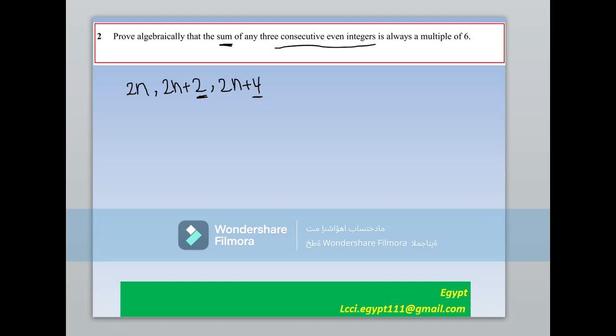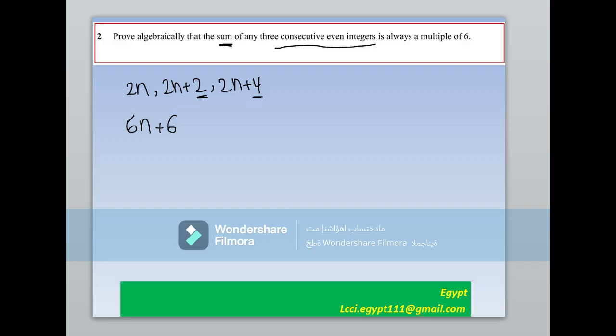Then let's begin to add, or do the summation. 2n plus 2n plus 2n equals 6n, plus 2 plus 4, another 6.